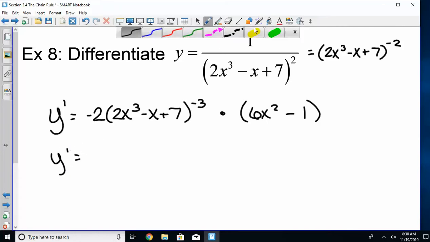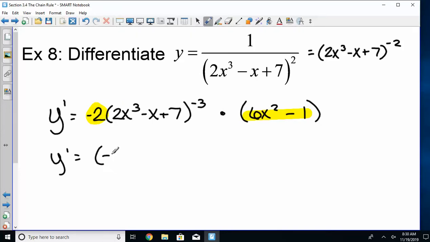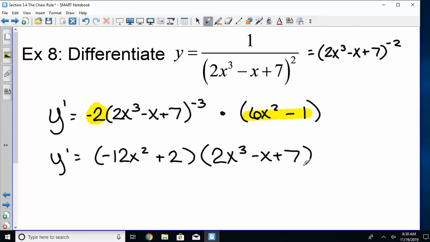I'm going to go ahead and just multiply these pieces together. You don't necessarily have to. So it'll give me a negative 12x squared plus 2 times the (2x cubed minus x plus 7) to the negative 3.